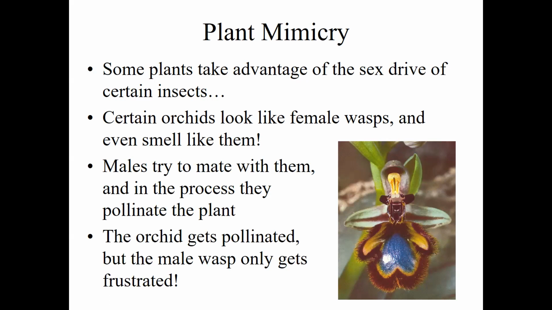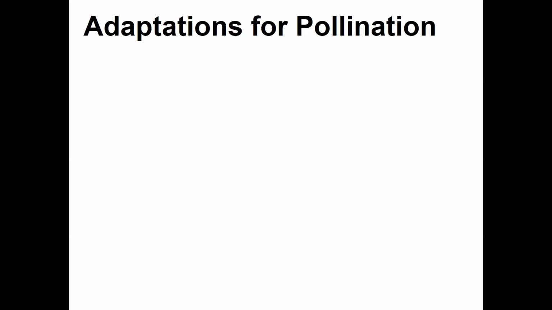The orchid gets pollinated, but the male wasp only gets frustrated. That means some cheating, deceptive behavior of flowers and insects. Even in nature, you can see it is not rational.